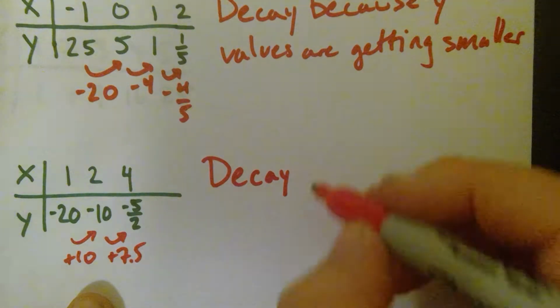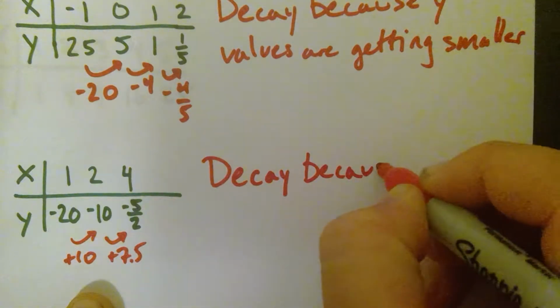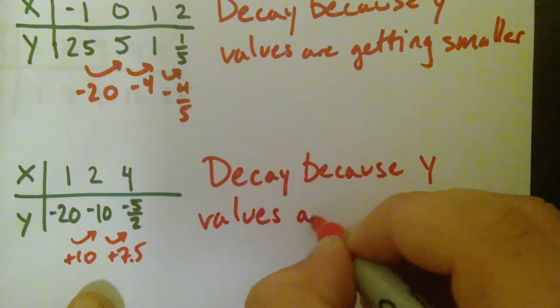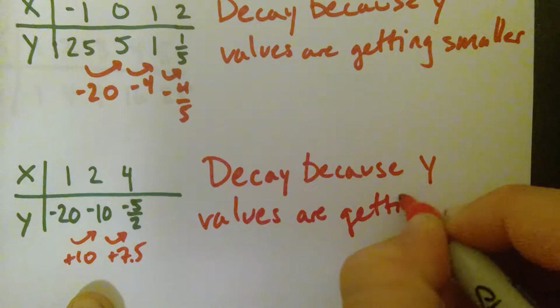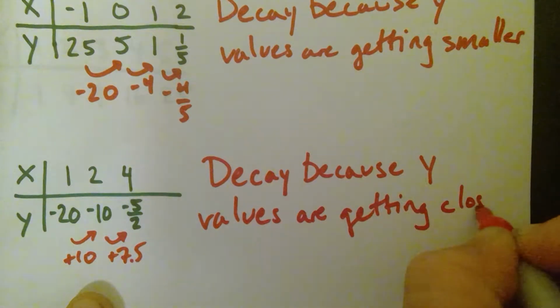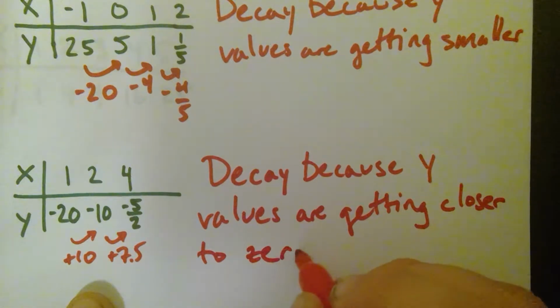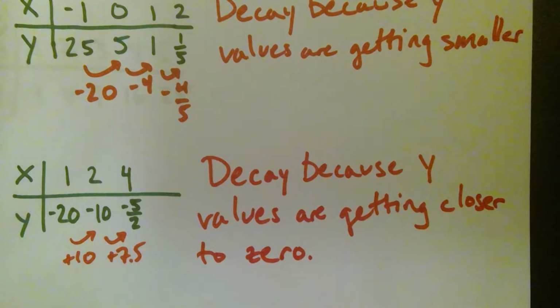We're going to call this decay because the y values are getting closer to 0. So we're going to let that sit for today, and we'll revisit that when we start looking at graphs of exponential functions.